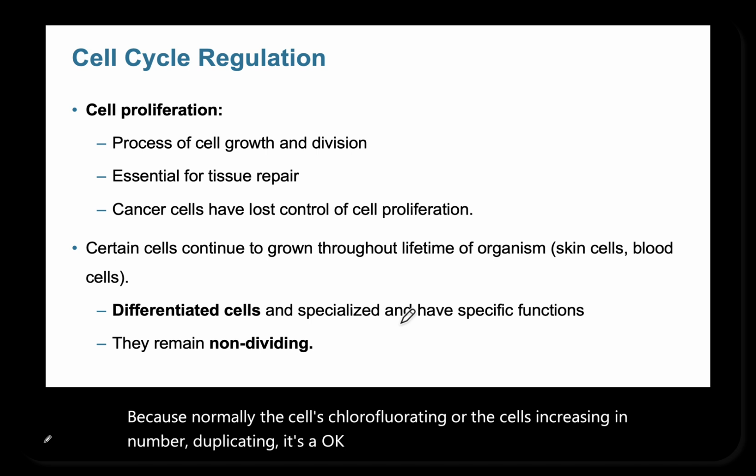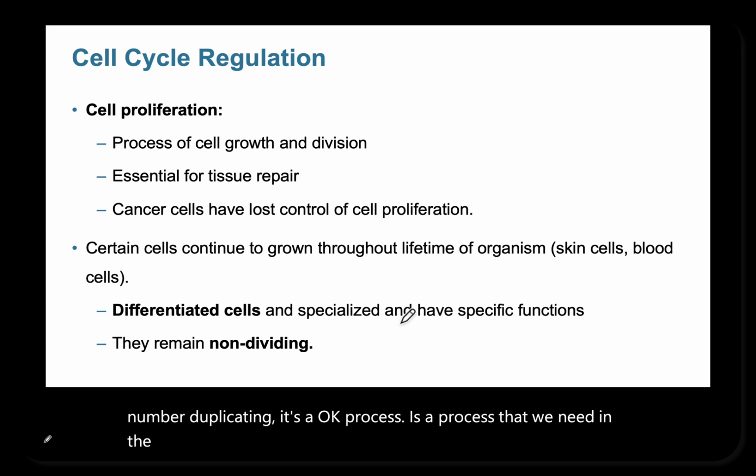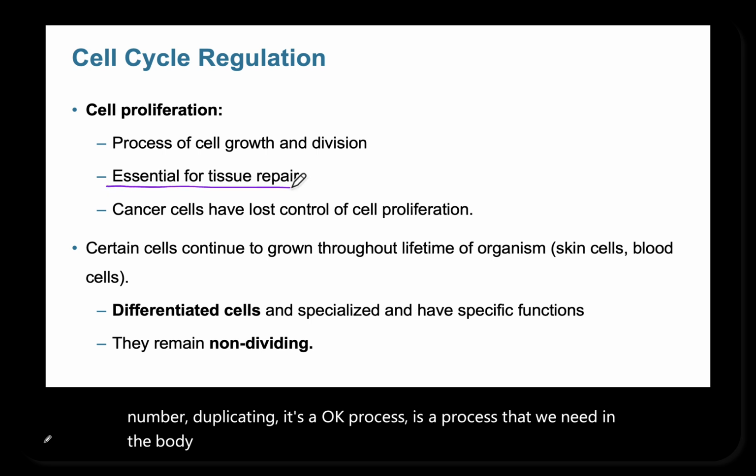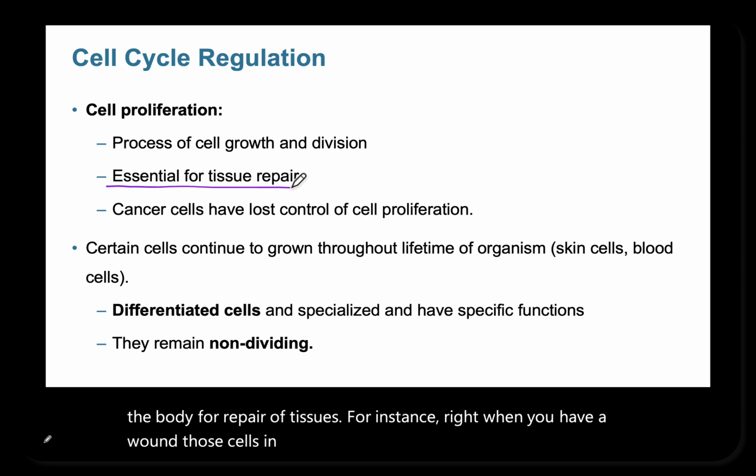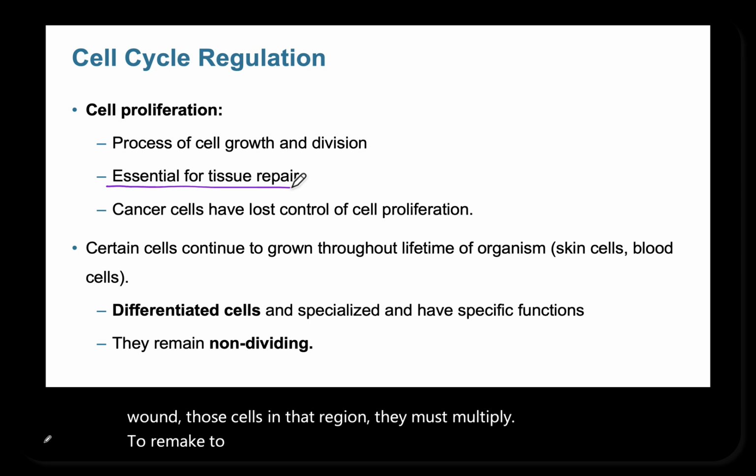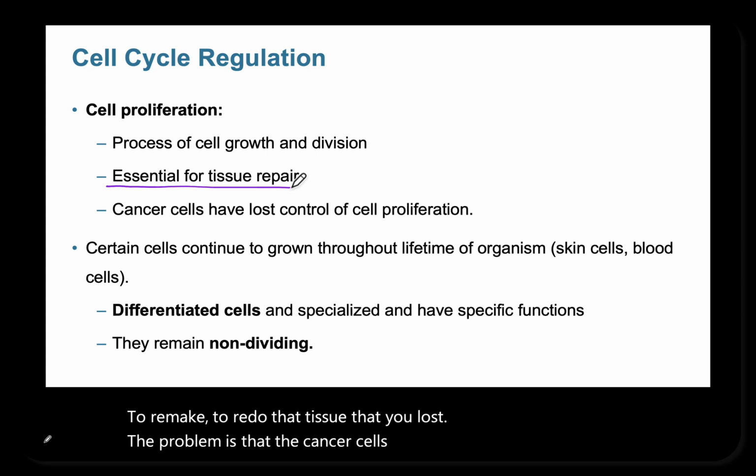It's a process that we need in the body for repair of tissues, for instance. When you have a wound, the cells in that region must multiply to remake the tissue that you lost. The problem is that cancer cells lose the control over this cell proliferation machinery.